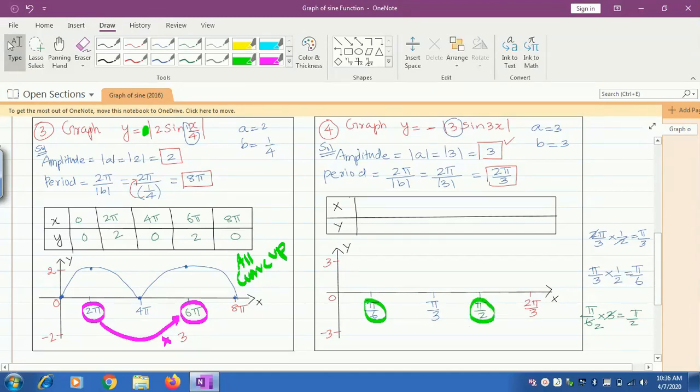First number. Now what is this value? The values are 0, pi over 6, pi over 3, pi over 2, 2 pi over 3, and I have to plot the points. The first starts with 0, obviously. The next one is minus, therefore down.